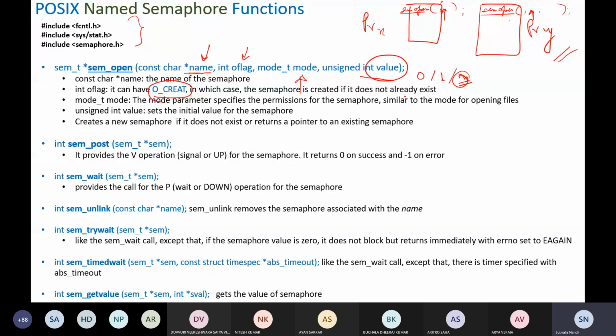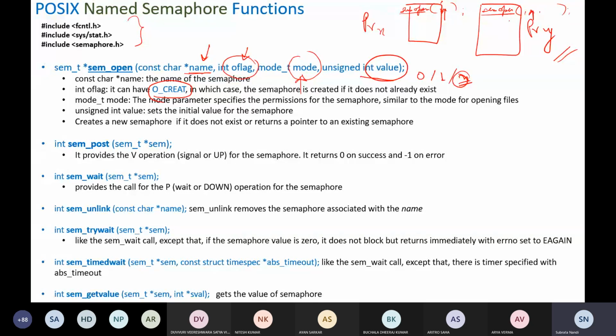Rather, it will just receive the address of that semaphore object. So you just have to write it, and you don't have to care about who creates and who uses. You can just write the same function with the same arguments here. Hopefully both will have the same kind of access, and the flags should be O_CREAT in both.